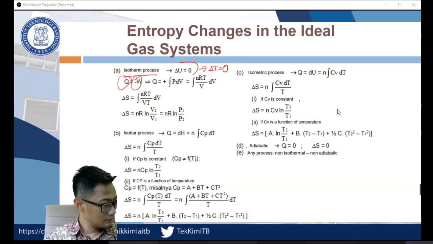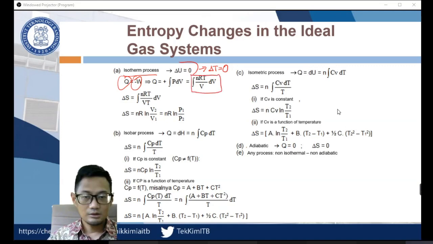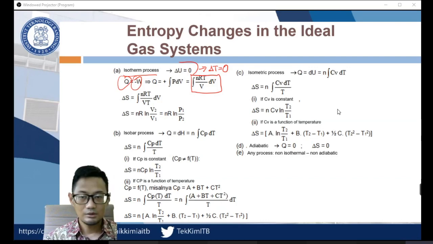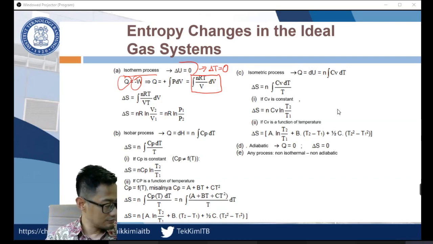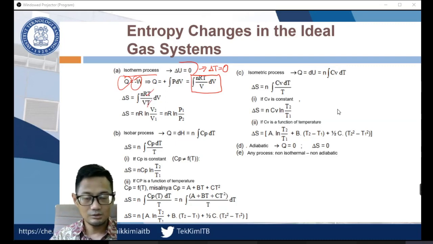Because we know that Q is equal to the integral of nRT divided by volume dV, delta S would be Q by T. So you will have two temperatures here. You can cancel out both temperatures.